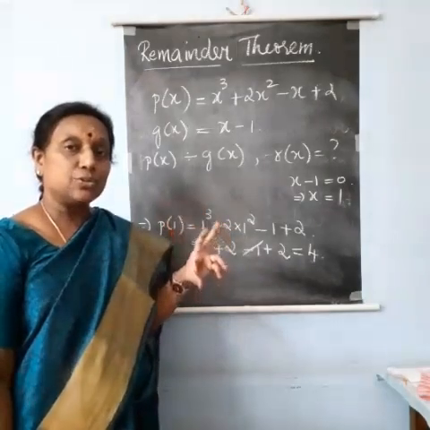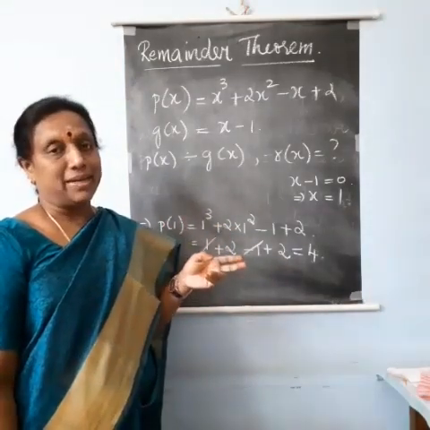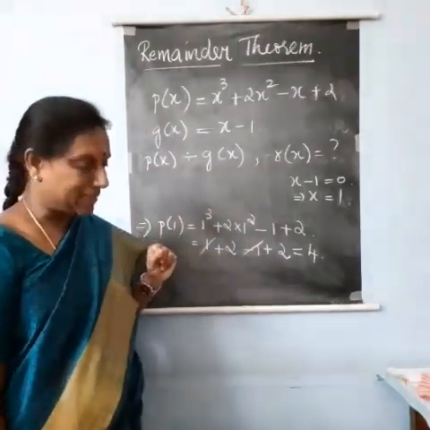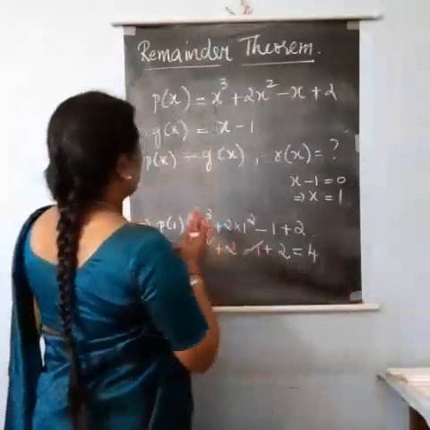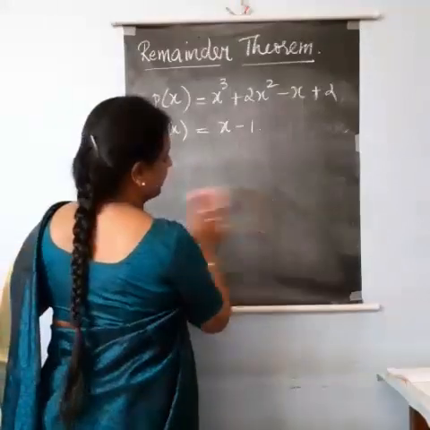I will teach you the long division method also to find the remainder. Understand? So the same sum let us do by long division method. Let us see if we get the same remainder.